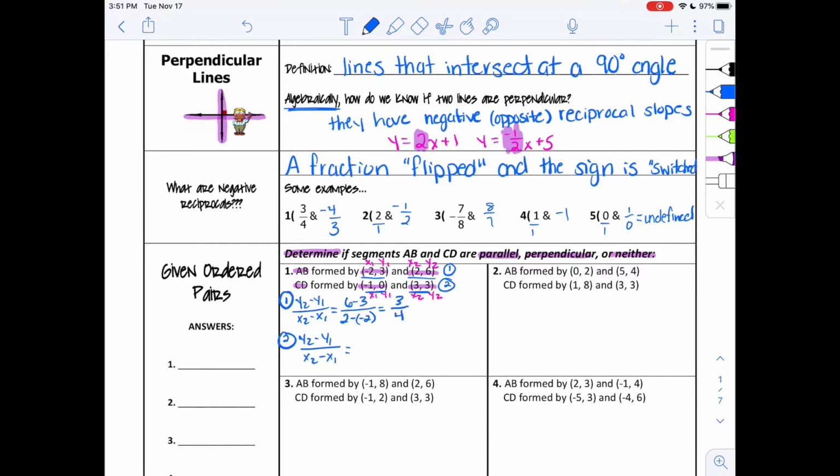So when I plug those points in, I get 3 minus 0 over 3 minus negative 1. 3 minus 0 is 3, and 3 minus negative 1 is 4. Now that I know the slope of my 2 lines, I can compare these 2 slopes, 3/4 and 3/4. Based on the information above, when my slopes are the same, my slopes are equal, I know I have parallel lines.